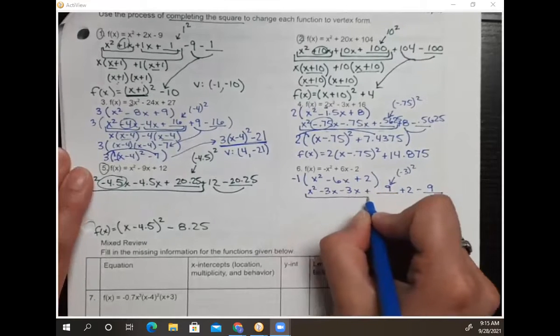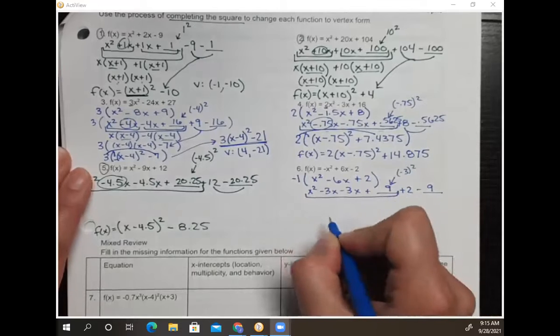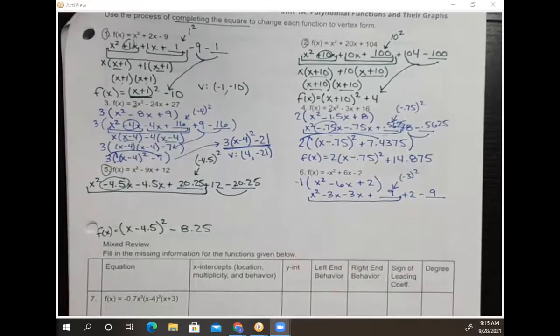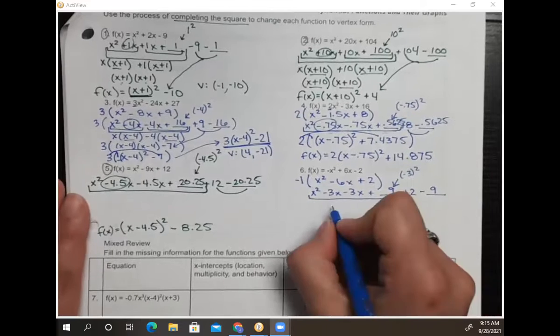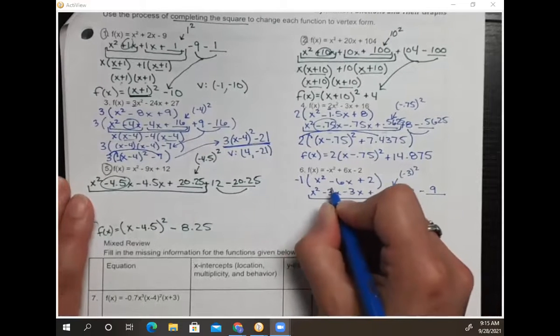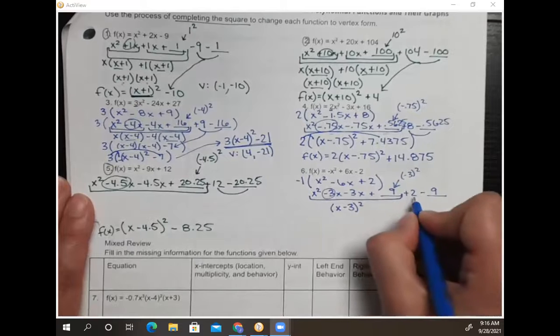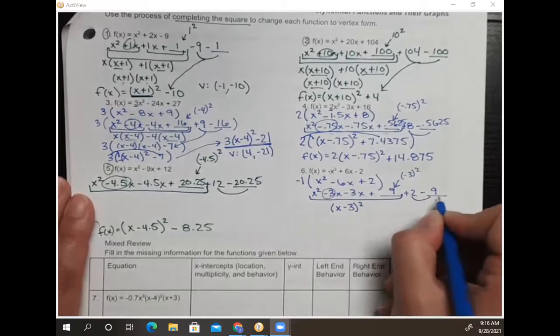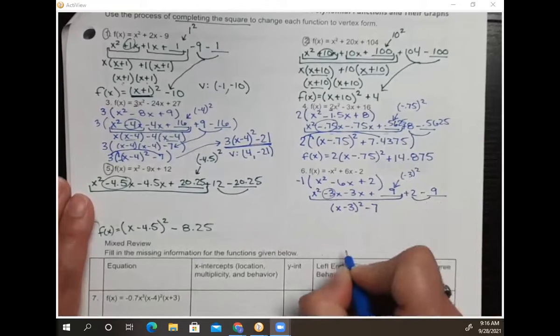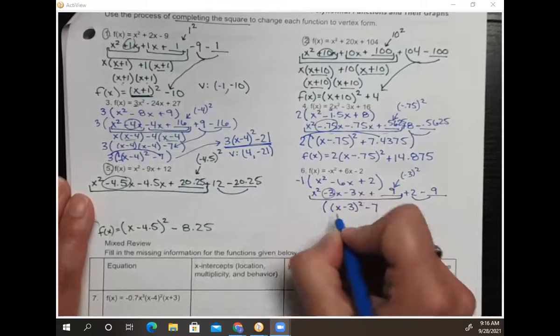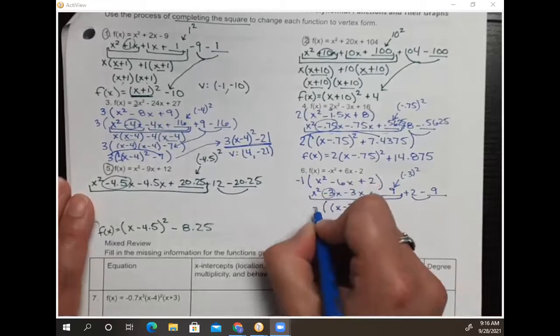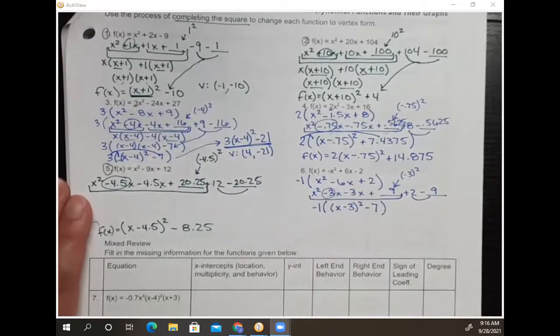So remember, these guys are going to factor into that x with something squared. Whether you go through factoring by grouping or you use the shortcut, you're going to end up with the same thing. So we're going to get x with the cut in half number, so -3 squared. And then combine our like terms at the end. 2 minus 9 would be -7. And then don't forget that we're in parentheses with that -1 in front.